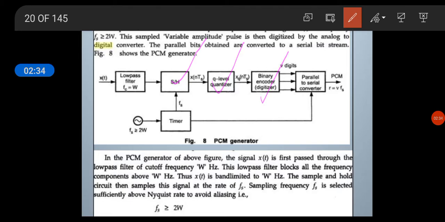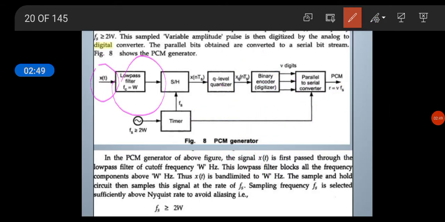Sampling, quantizing, encoding. In this block, we are giving the analog signal as x of t, because we know that the signal can be classified. The amplitude is denoted as x of t, the time period is denoted as t. This is given as input.